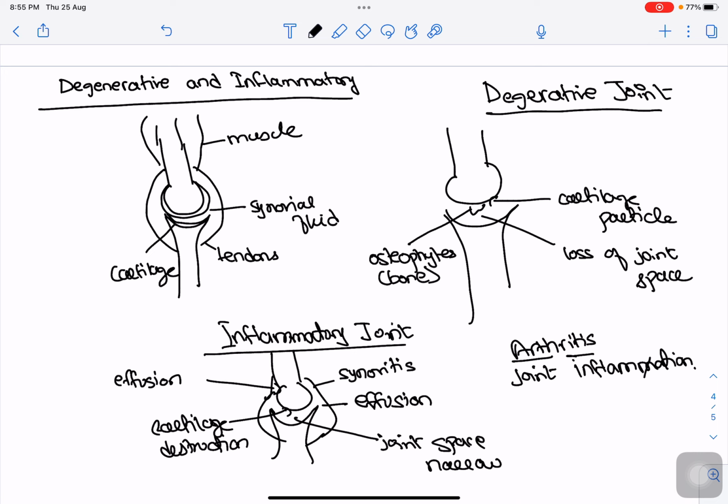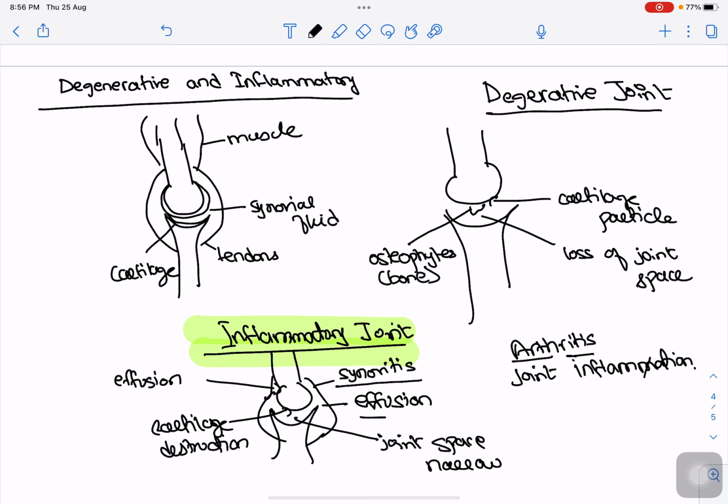Now we will be revising the difference between a degenerative and an inflammatory joint. Inflammatory, as the name suggests, is a condition in which there is an inflammation of the joint and its associated structure. For instance, there is an inflammation of synovium, that is the synovitis.